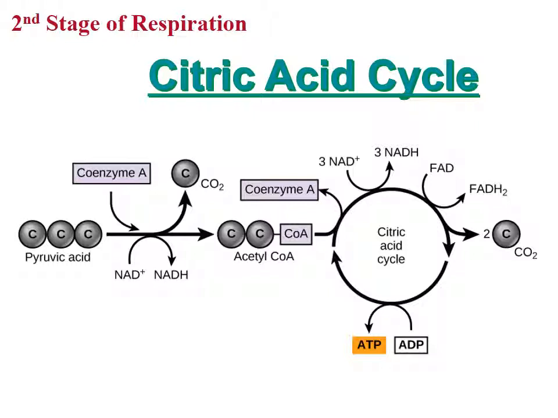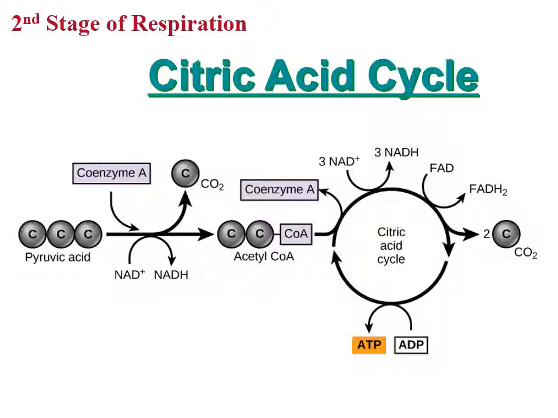We want to get tons of these because they become very important in the 3rd stage that generates the majority of the ATP. So the major goal of the citric acid cycle is to produce NADH and FADH2. We get just 2 ATP molecules coming off there, not a whole lot, but a little bit. And remember, a waste product is carbon dioxide.